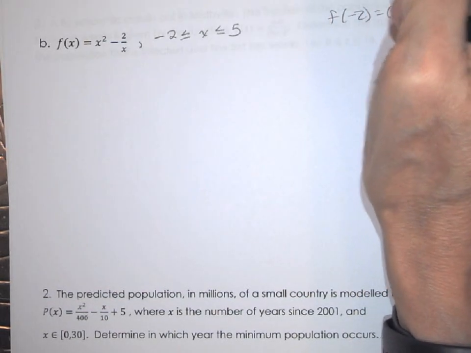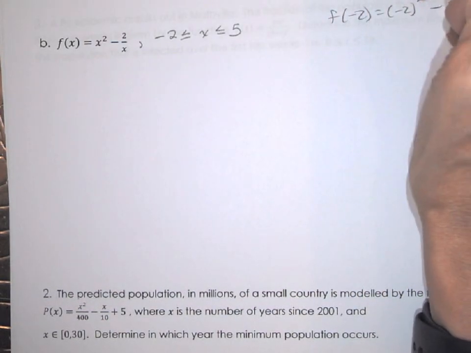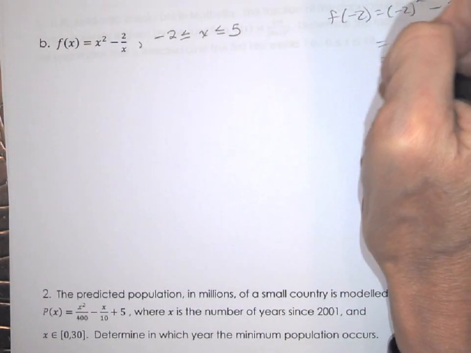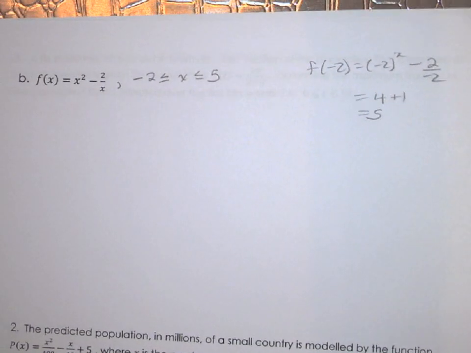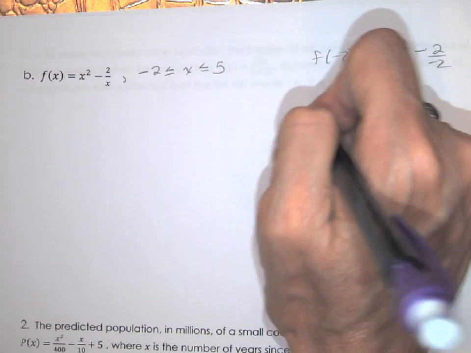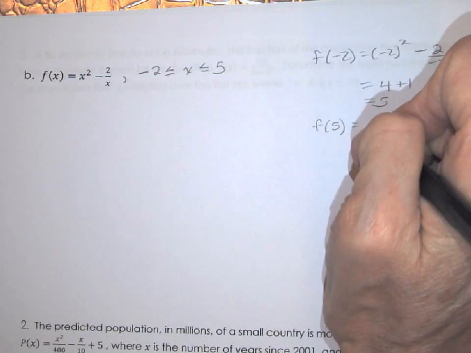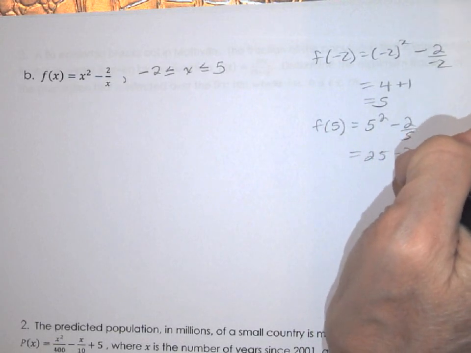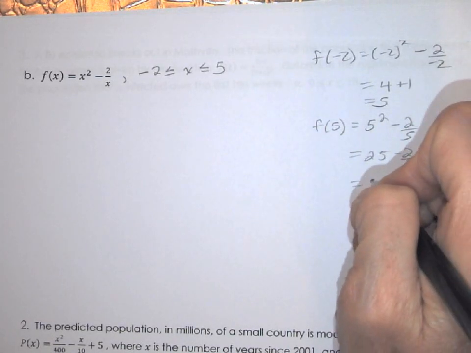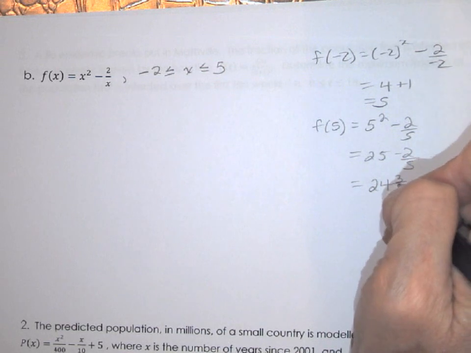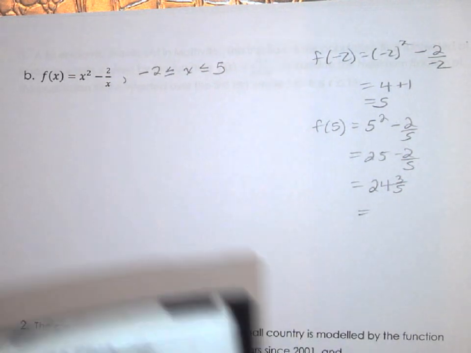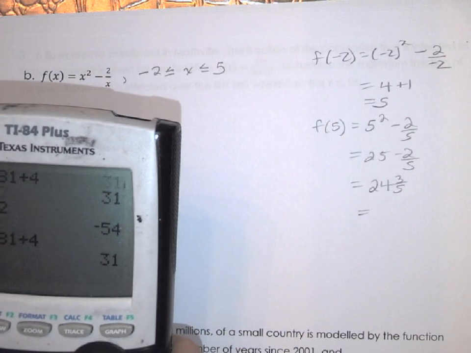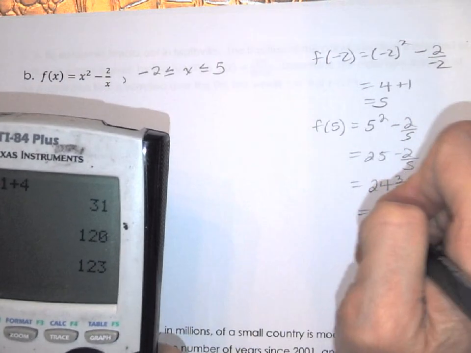It's going to be -2 squared minus 2 over -2, which is 4, plus 1, which is 5. And then we'll also find f at 5, which is 5 squared minus 2/5, 25 minus 2/5, which is 24 3/5, or 123/5.